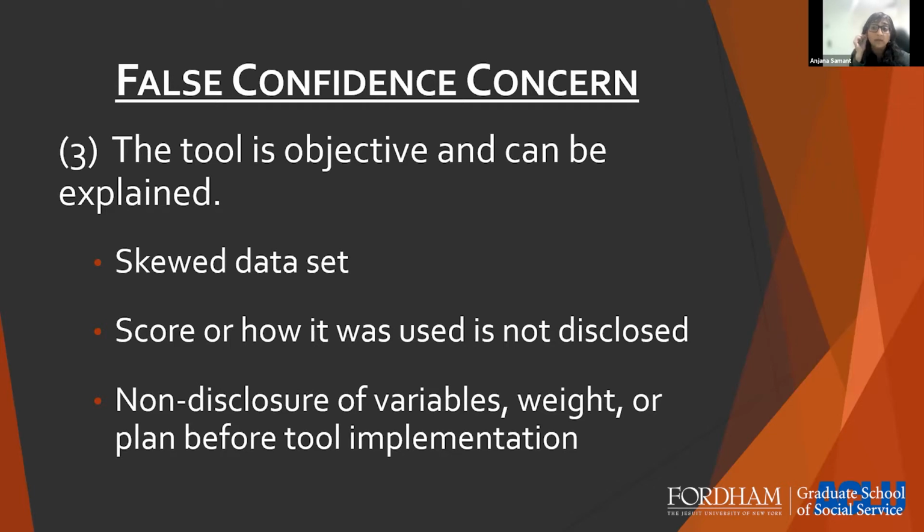So if explainability of a score doesn't seem to be a very good reason for adopting a tool, if the policy is going to be not to ever turn that score over or its use.